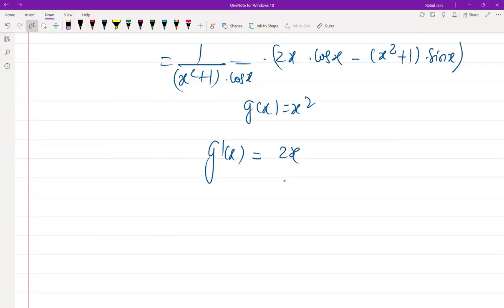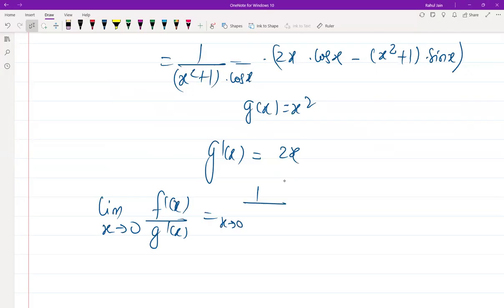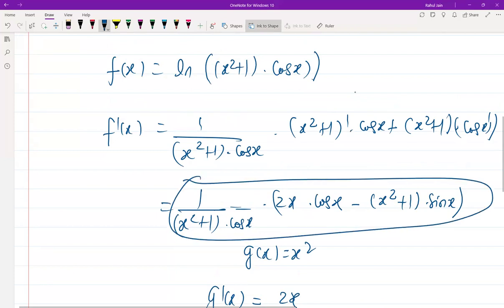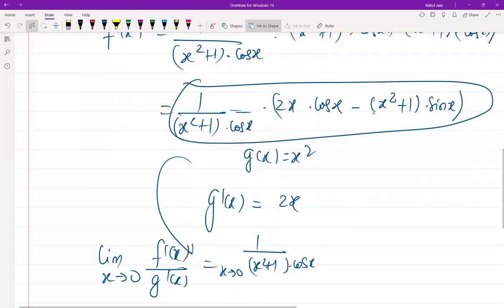Now let's find the limit x tends to 0 of f'(x) divided by g'(x). If I am going to find this limit, then whatever we have derived in this particular part, I am going to use it here, nothing else.